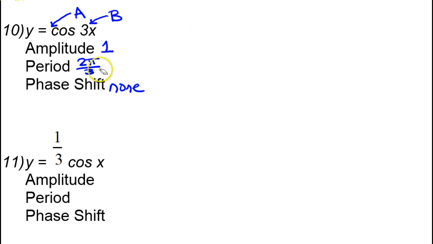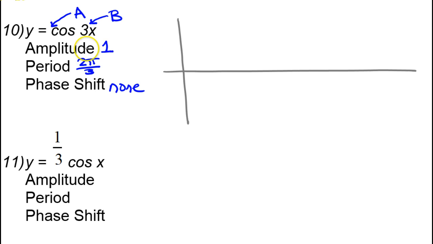All right, so these numbers may be a little bit ugly, but we are ready to sketch the graph. The amplitude is 1, so I'm just going to be going up to 1 and down to -1. The period is 2 pi over 3, so I'm going to put this here, 2 pi over 3. Now, right in the middle, I'm asking myself, what's half of 2 pi over 3?